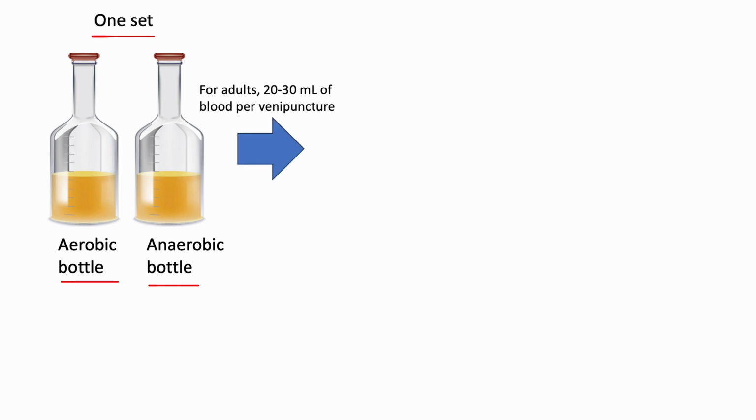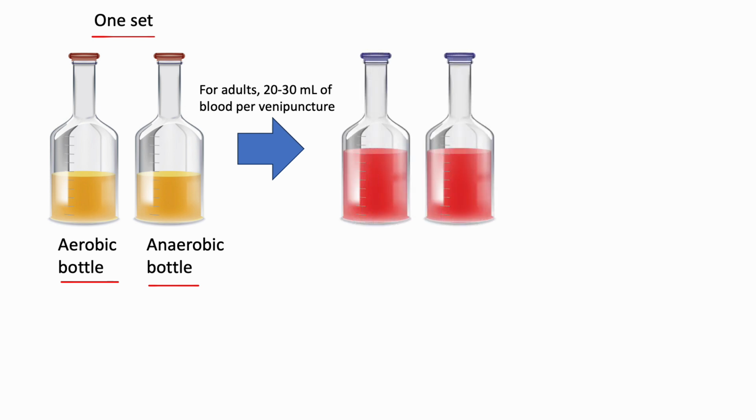The phlebotomist or the nurse will take about 20 to 30 ml of blood per venipuncture to add to these bottles, and this will result in the 2 bottles for one set.